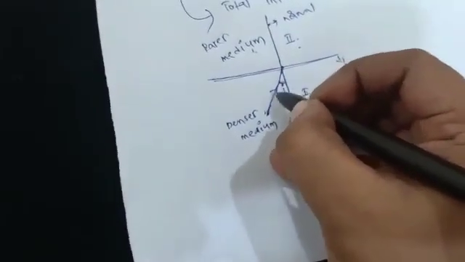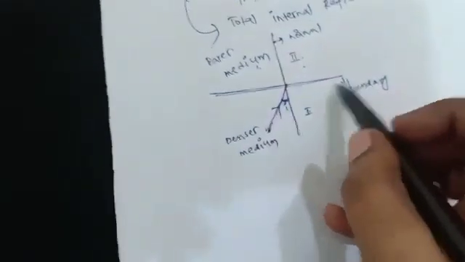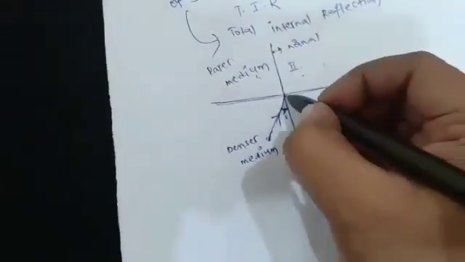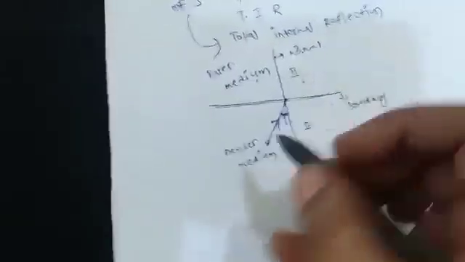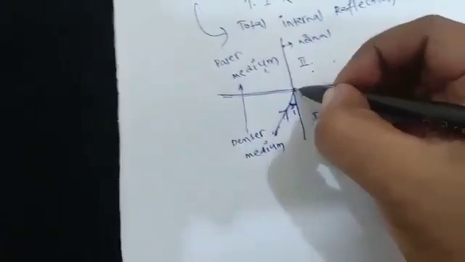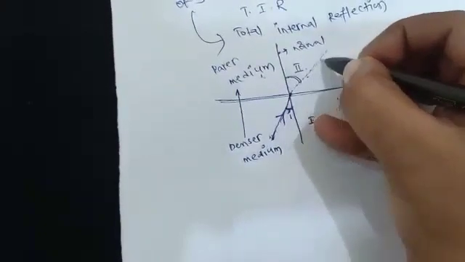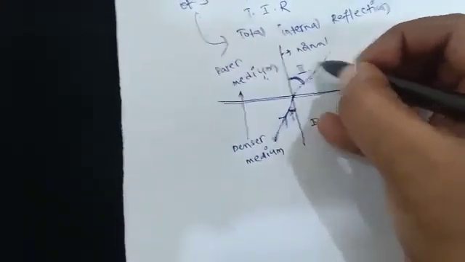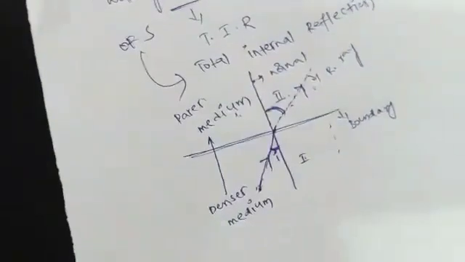Here the mediums are different, so at the boundary the ray bends, which is known as refraction. Since the light travels from denser to rarer, the refracted ray always refracts away from the normal. This ray is the refracted ray.